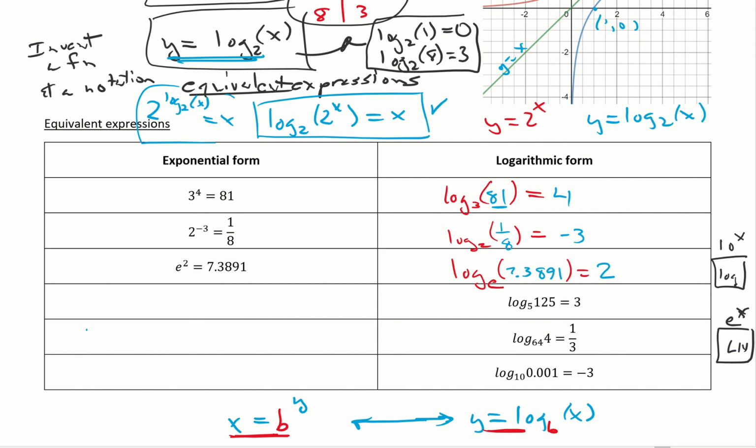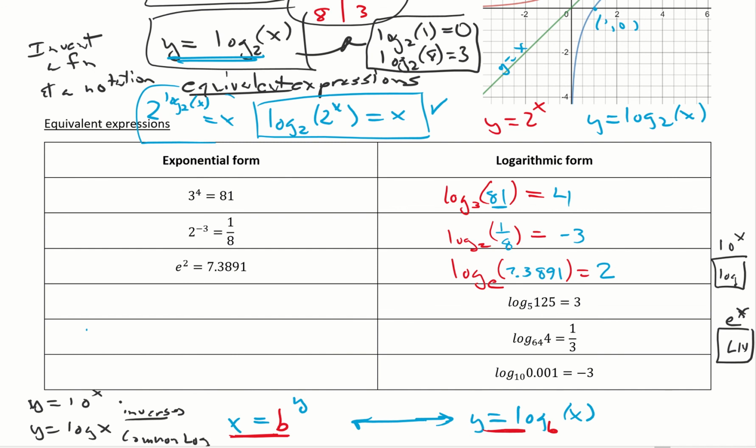Okay, might as well talk a little bit about this. y equals 10 to the x, and y equals log of x are inverses. This guy's called the common base, or common log.